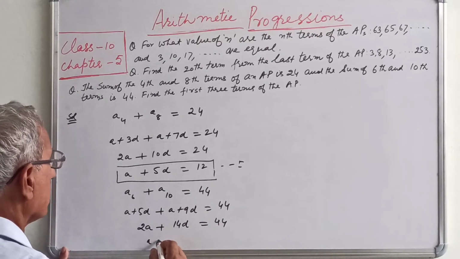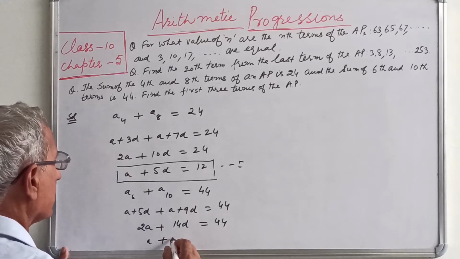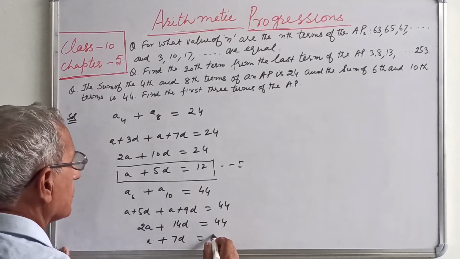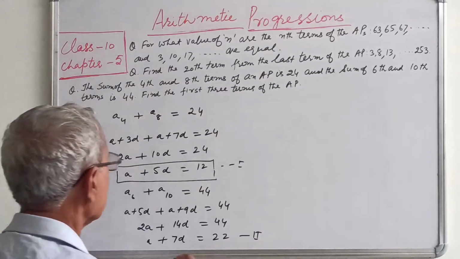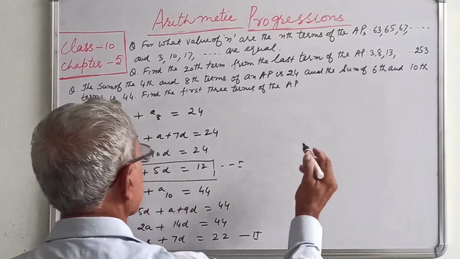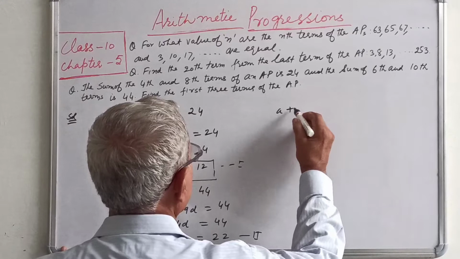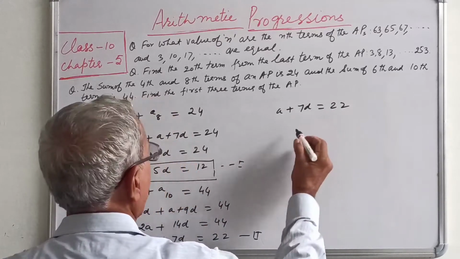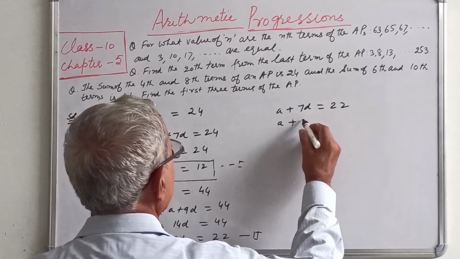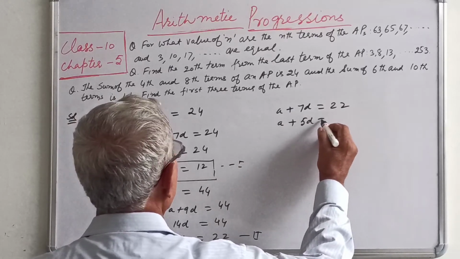Dividing by 2, A plus 7D is equal to 22. Equation 2. So comparing the two equations, A plus 7D is equal to 22 and A plus 5D is equal to 12.